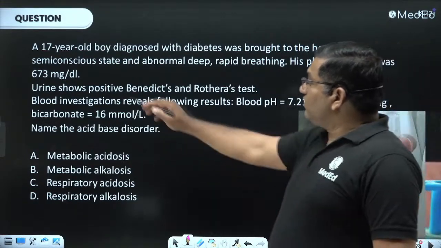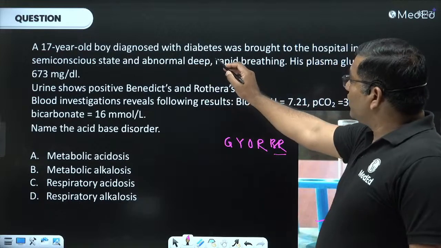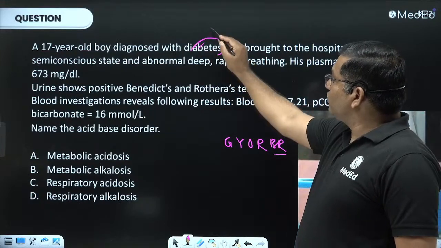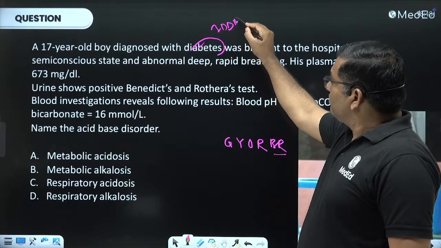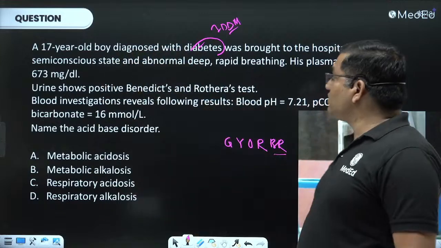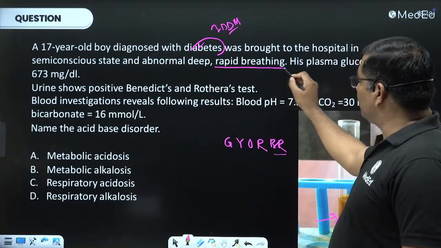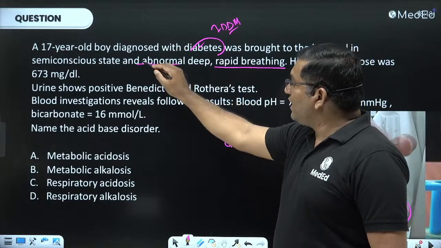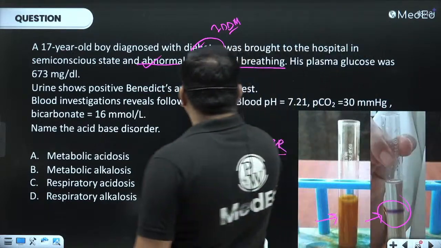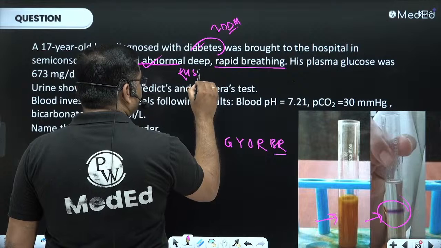Now see, a 17-year-old boy diagnosed with diabetes, meaning insulin dependent diabetes mellitus according to the age, was brought to the hospital in a semi-conscious state with abnormal deep rapid breathing. This is known as Kussmaul breathing.